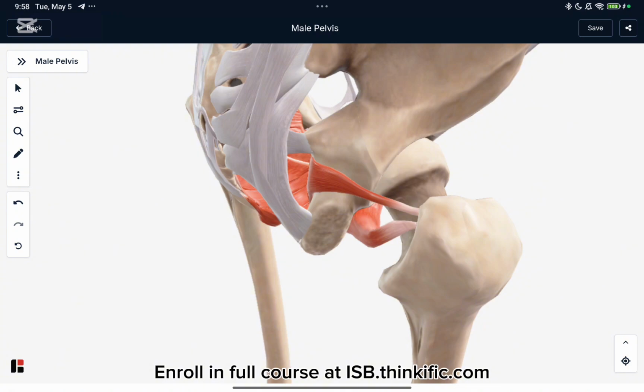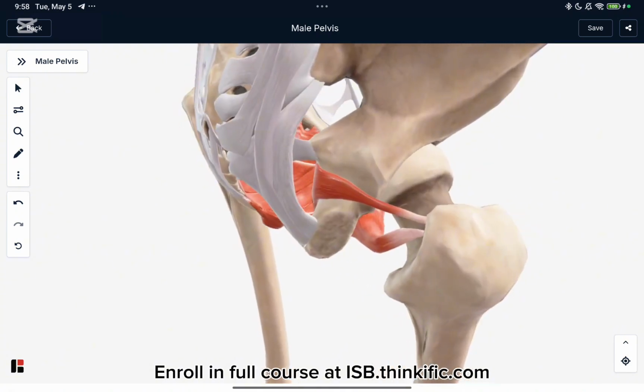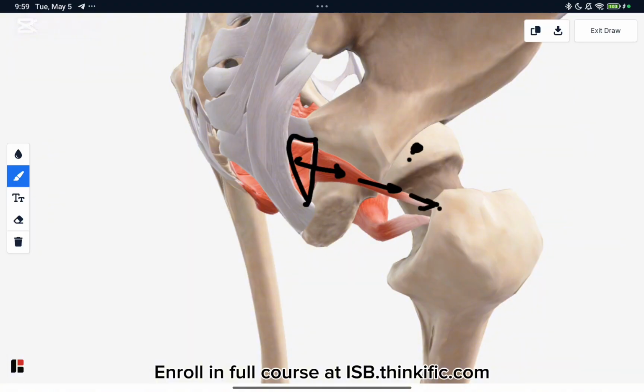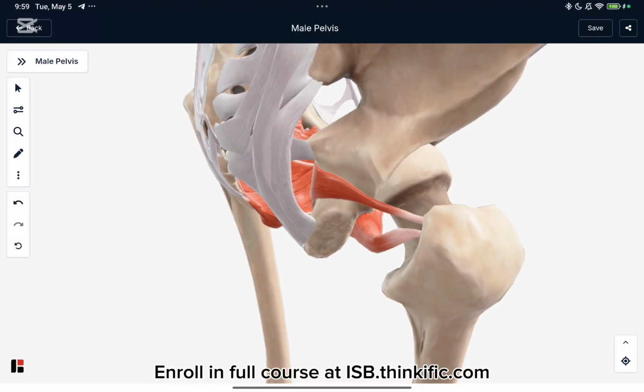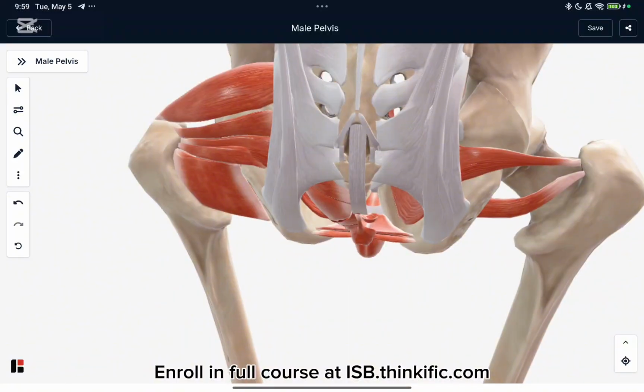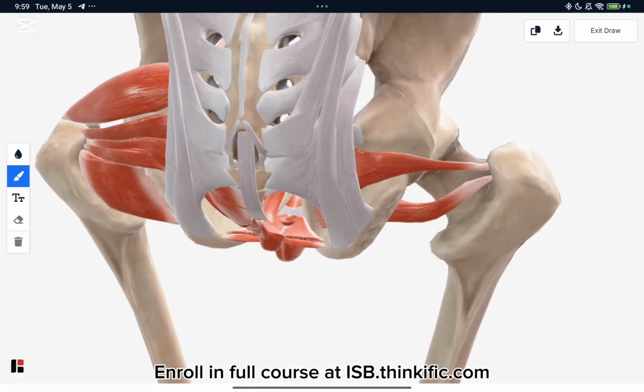It is emerging from the lesser sciatic foramen here, makes a 90-degree turn and moves posterior to this joint, hip joint, and then comes to attach to the femur. At this particular point in the femur, this is called greater trochanter of femur, specifically the medial aspect of the greater trochanter of femur. Okay, medial aspect, there's a notch for it.